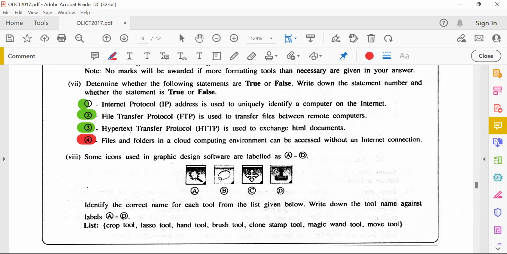Right, let's move to question number 8. Again, you will get 0.5 times 4, or 2 marks. Right, let's move to the next one then.